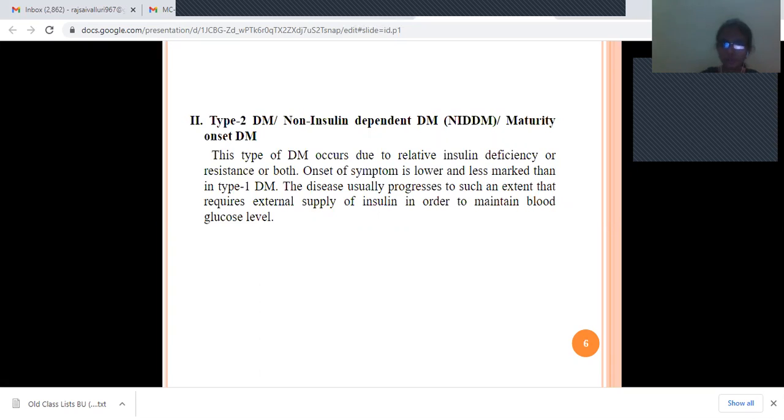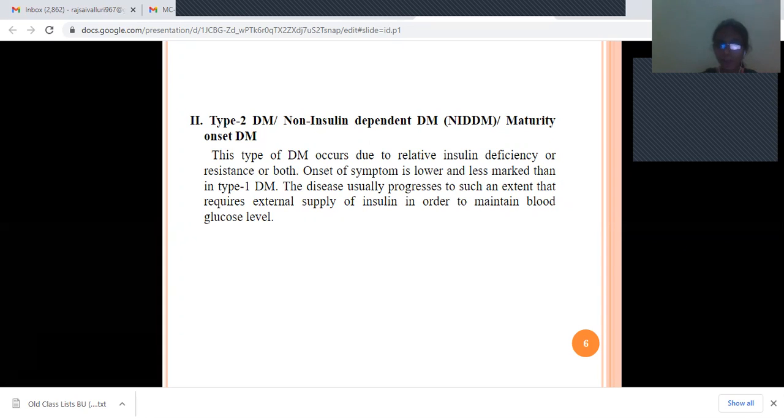Next, type 2 diabetes mellitus is also known as non-insulin dependent diabetes mellitus. This type occurs due to relative insulin deficiency, and the onset of symptoms is slow and less marked than type 1 diabetes mellitus. This disease usually progresses to such an extent that it requires an external supply of insulin in order to maintain the blood glucose level.